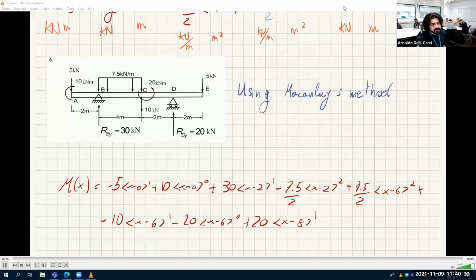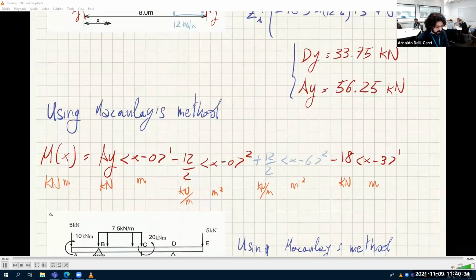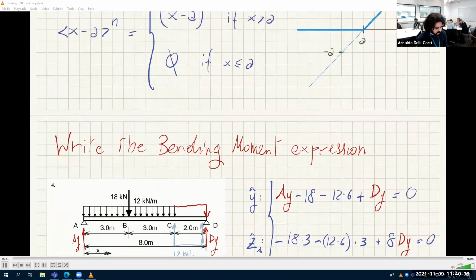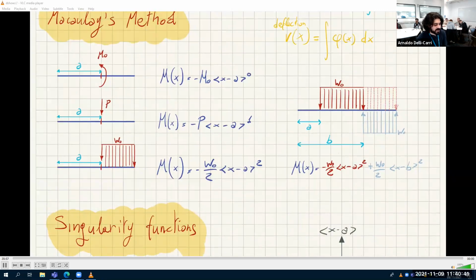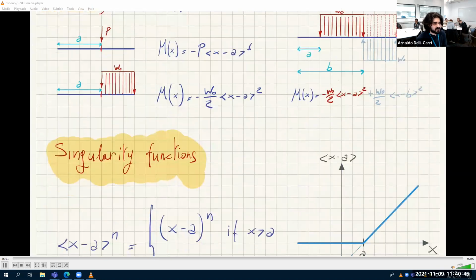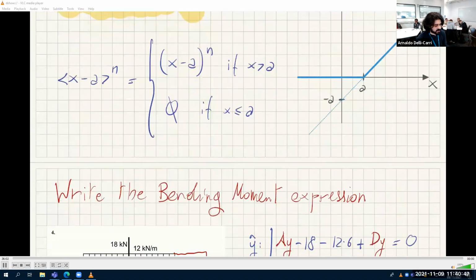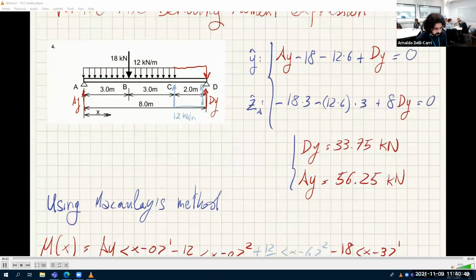Question in the chat. Why is 10 kilonewton meters positive? Well, let's have a look. Clockwise is negative. Sorry, counterclockwise is classed as negative. So this is, oh, that's clockwise. Yeah, you're correct.